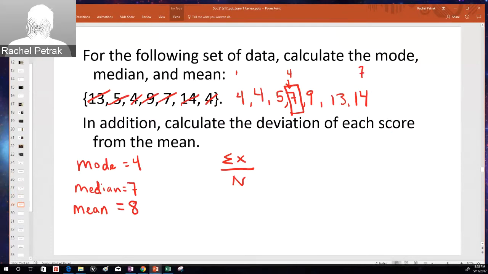Do we have any reason to think that there's a skew in this distribution? If I asked you, do you think these are probably normally distributed? Yes or no?